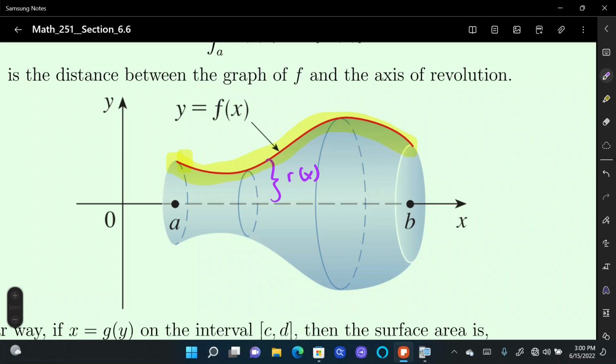So when I explained solids of volume of revolution, especially the shell method, this is going to be similar to the shell method.